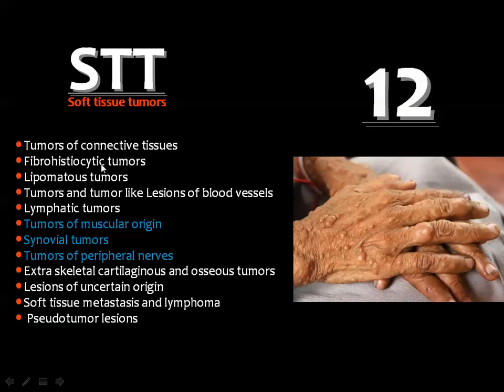fibrohistiocytic tumors, tumors of fat, tumors of the blood vessels, and the tumors of the lymphatics. Now we are going to discuss these topics: the tumors arising from the muscles, tumors arising from the synovium, and the tumors of the peripheral nerves.